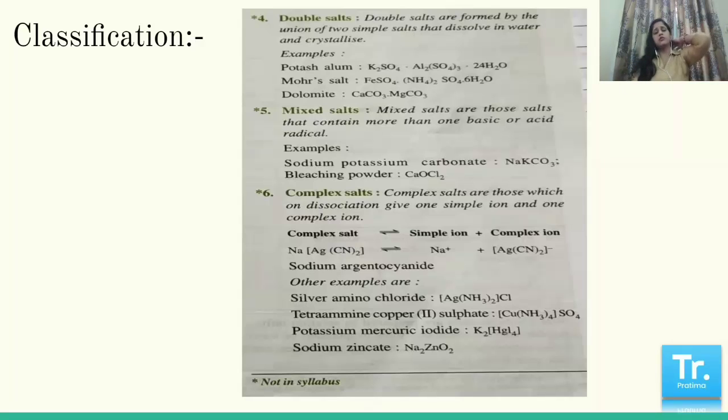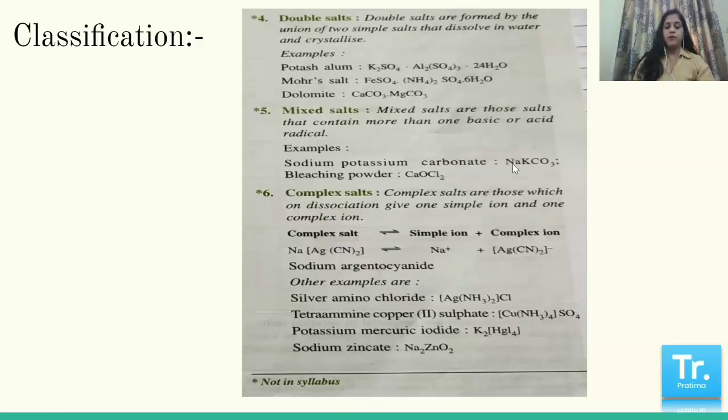Mixed salts are those salts which contain more than one basic or one acid radical, like sodium potassium carbonate, which has two cations and a carbonate, or bleaching powder, calcium oxychloride. Complex salts are those which on dissociation give one simple ion and one complex ion.